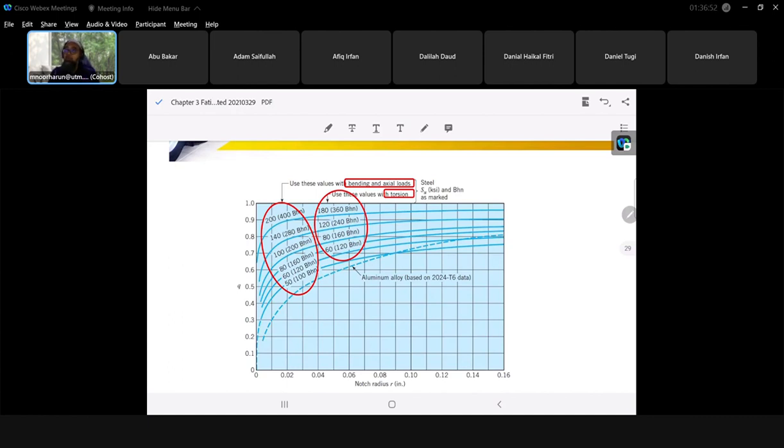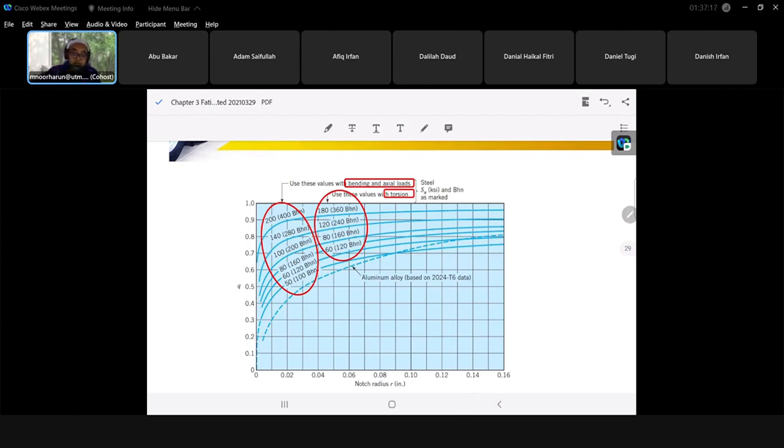Data book for test 1, 2.3 fatigue stress concentration factor. So equation 2.2, 2.3 is the equation for KF. So you will find the equation of KF above this graph in that data book for test.